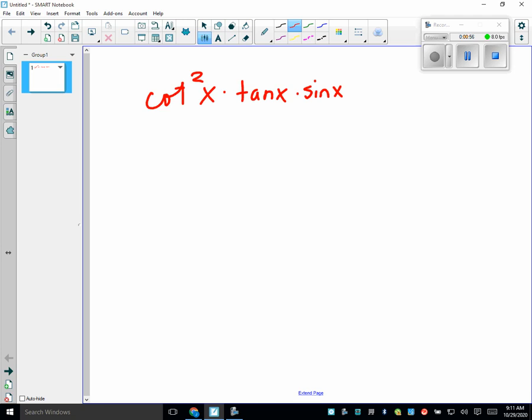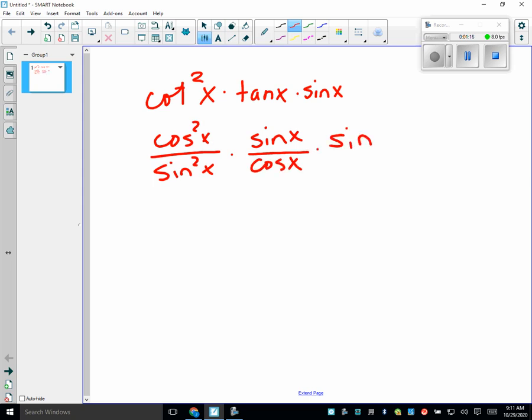Can I change everything to sine and cosine? Yeah. What is cotangent squared? Cosine squared x over sine squared x. What is tangent? Times sine x.